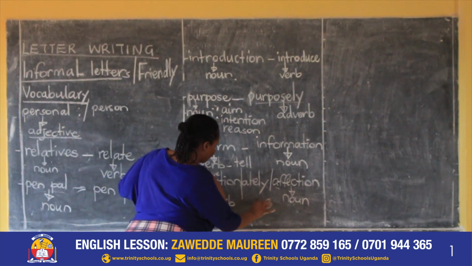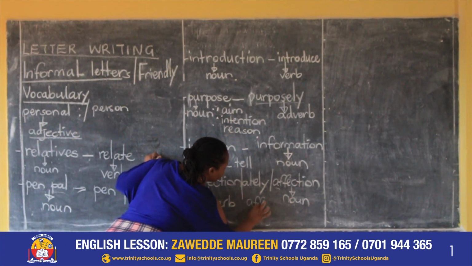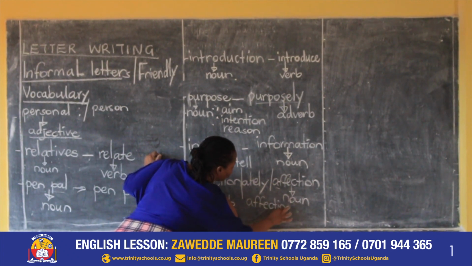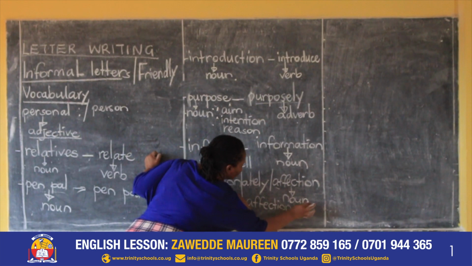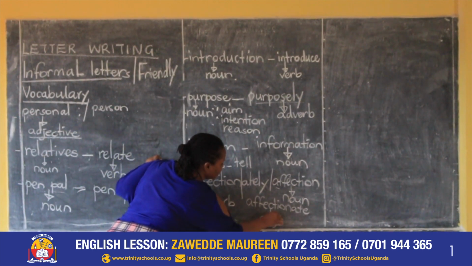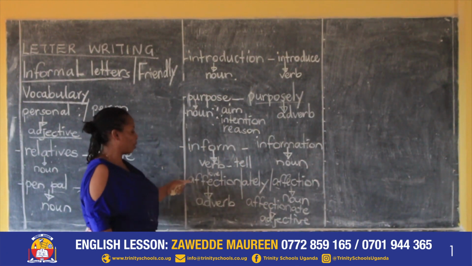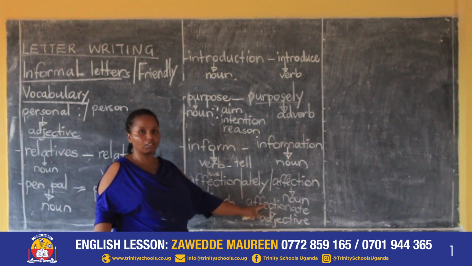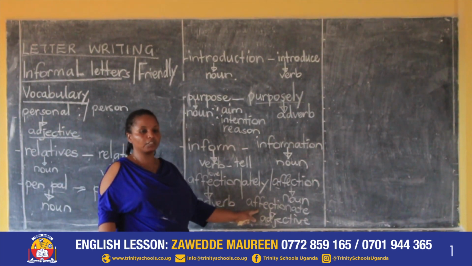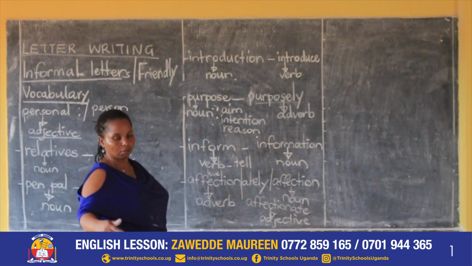Now, we also have another word. Let me also put it here in this family. Affectionate. Affectionate is an adjective from this very family. Affectionate is a word that describes a noun. Yours, affectionate.